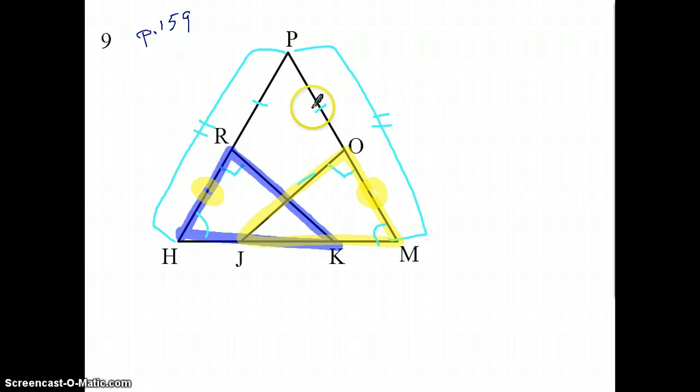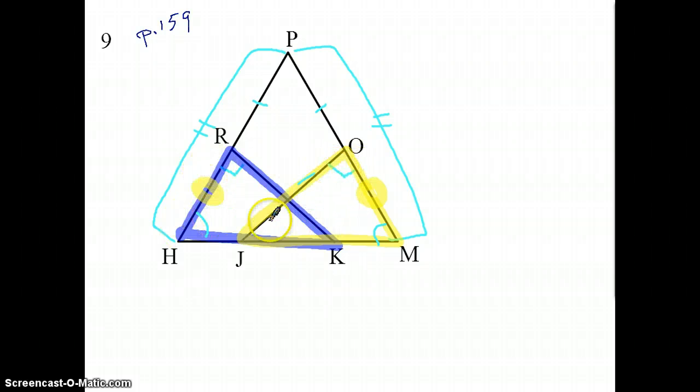We're also given that PH is congruent to PM, so this big segment here is congruent to this big segment there. All right, and we're told that RK is perpendicular to HR, so right angle here, and same thing over here. We have JO is perpendicular to PM, so this angle is a right angle.